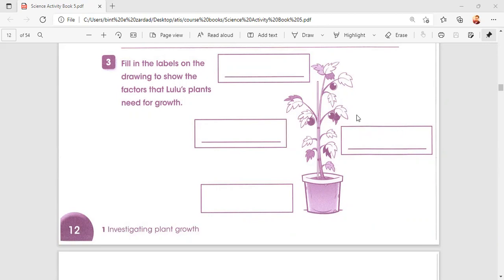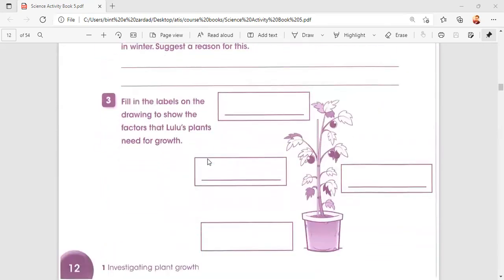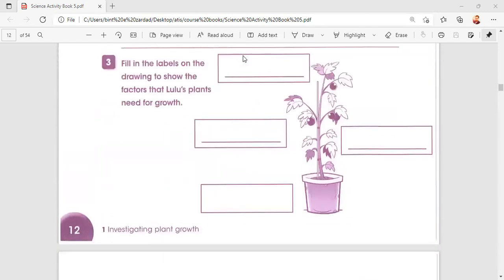And when we are talking about what plants need to grow, number one, a warm place, and water, and light, because with the help of light plants make their food in their leaves.